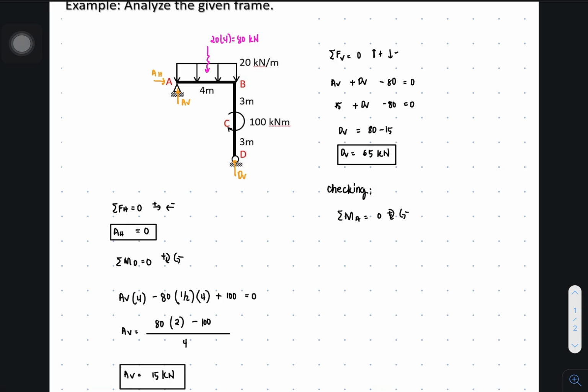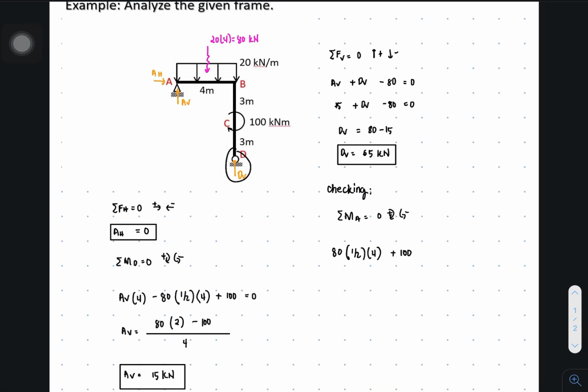So here, let's do the summation of moment at A. Rotating AV about point A, it's going to be clockwise. So that's AV times 1/2 of 4. And then this one is 100 clockwise again. So it's positive 100.